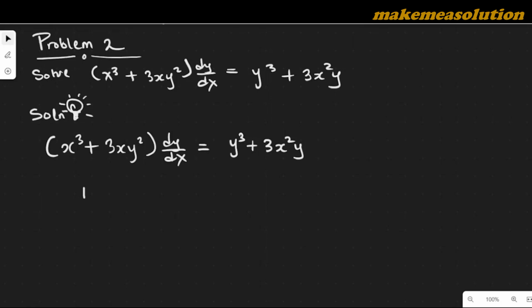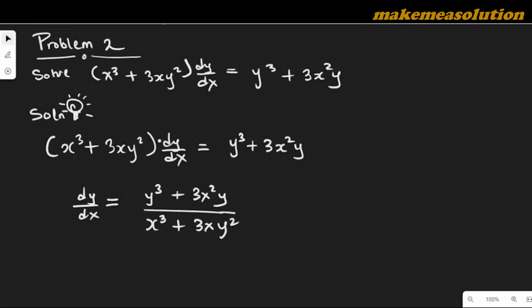Now let's make dy/dx the subject of the formula. That's one of the first steps in a homogeneous differential equation. You need to make dy/dx the subject: dy/dx equals 3x squared y over x cubed plus 3xy squared.